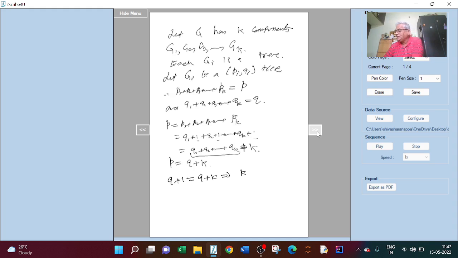What this implies here is k equal to 1. K is nothing but the number of components of G. So this has only one component. That means G is connected. Okay, G is connected. So G is acyclic and G is connected. Therefore, we write G is a tree. Okay, G is a tree.